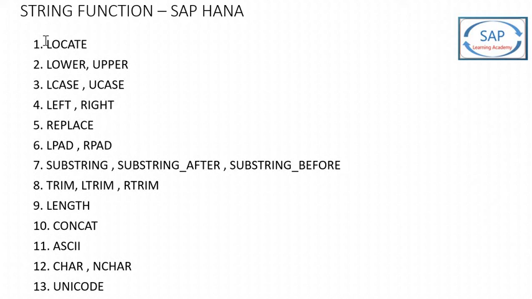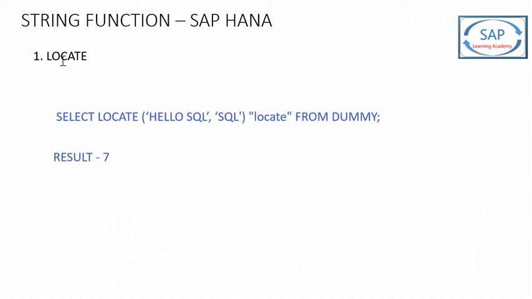So I will now be going through them one by one with an example. The first one is locate. Locate is used to provide you the integer value for the position. Like this is your string, hello SQL, and this is the search text that it will be searching for in the string.